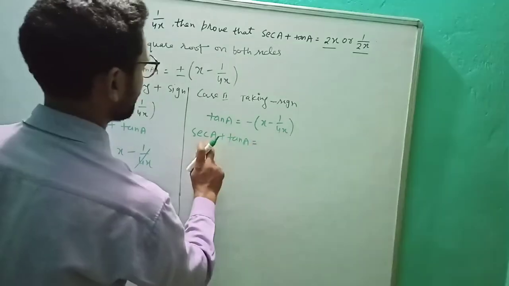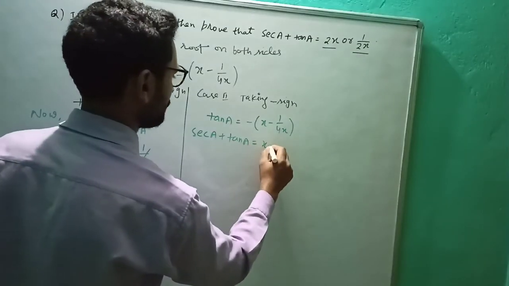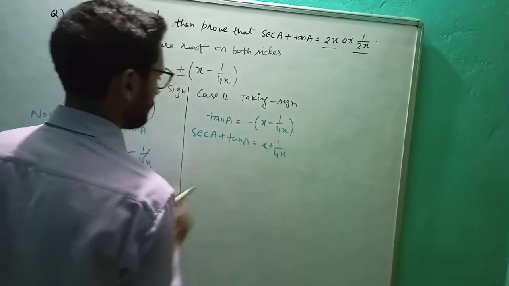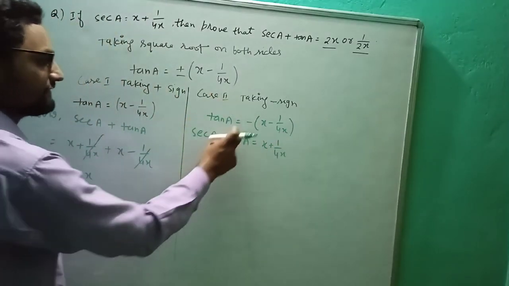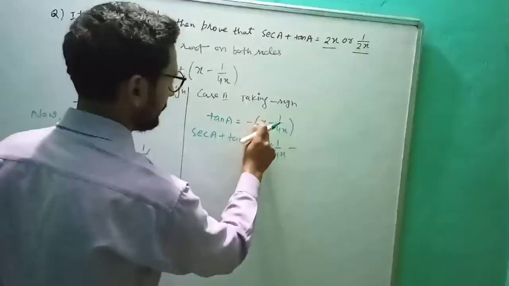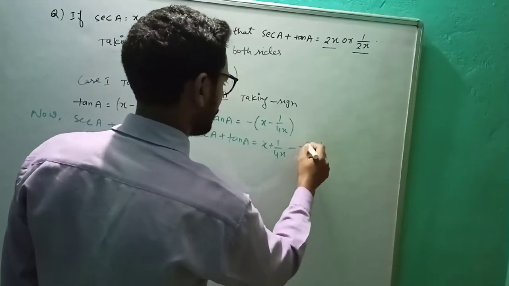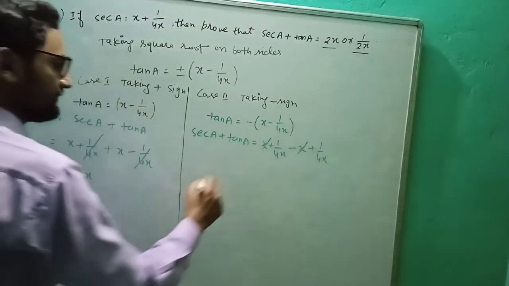Now in the second case, sec a is always this, x plus 1 upon 4x. But in the second case 10a is negative, so if I multiply with the minus sign, I get minus x, and minus minus is positive 1 by 4x. So plus and minus cancel each other.